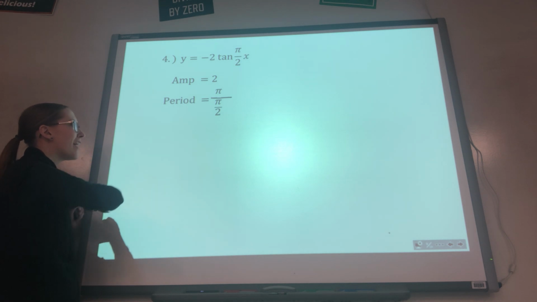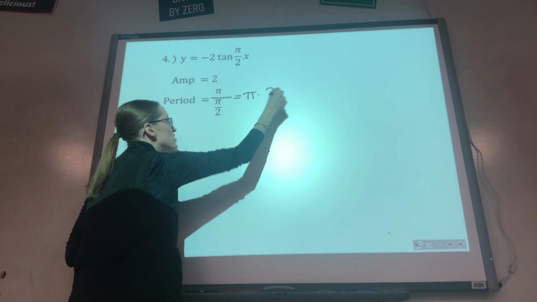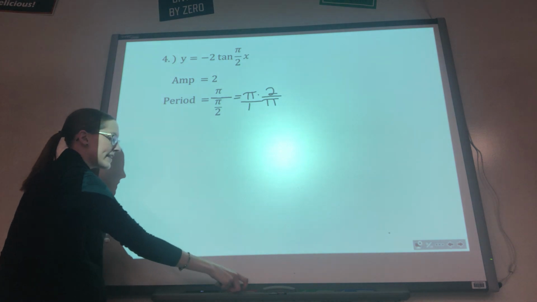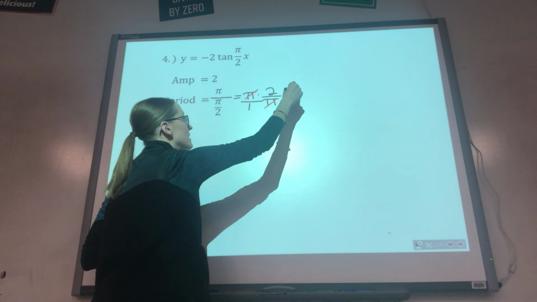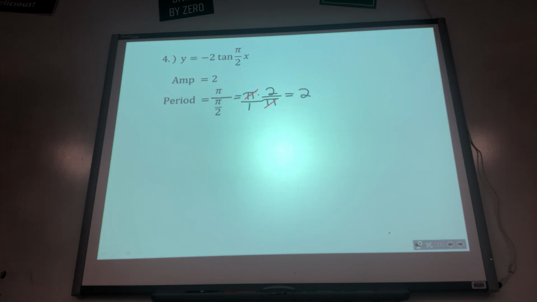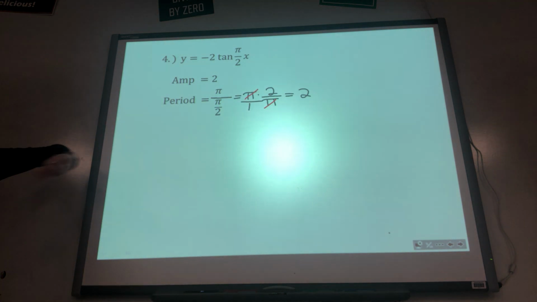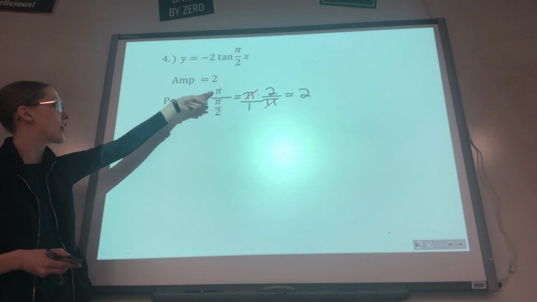Period. Pi divided by pi over 2. Now, I'll keep, change, and flip right there. So the pi's actually, if you kind of put that one over 1, the pi's will cross out, and you just get a little old 2. There's not even a pi with it. The period is just 2. That is different than the parent function.